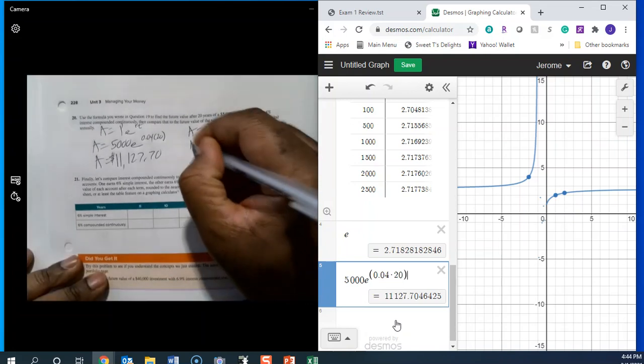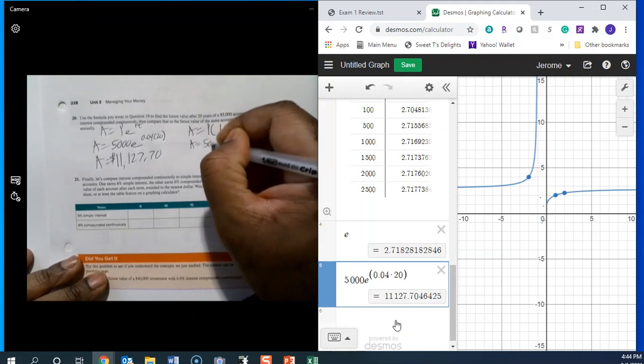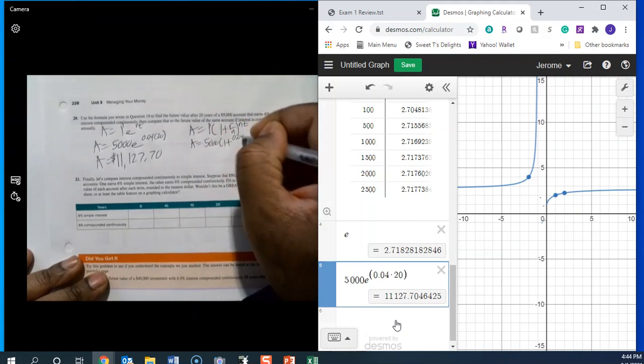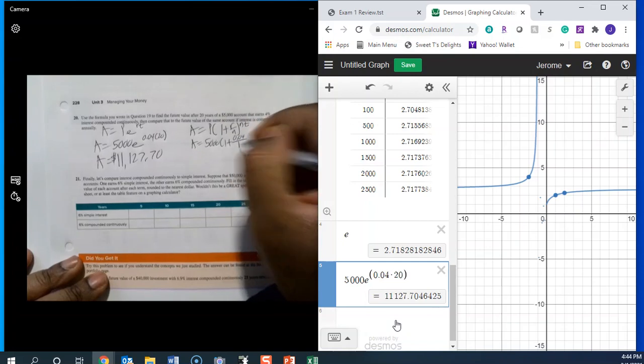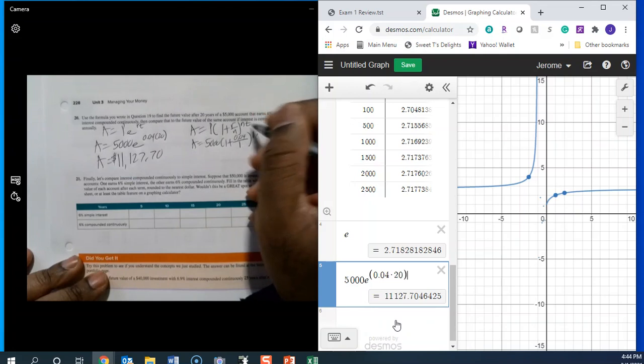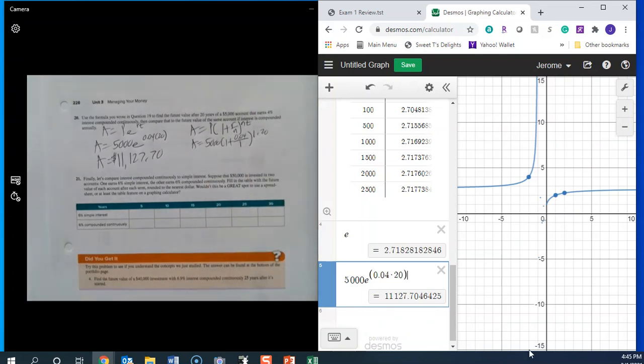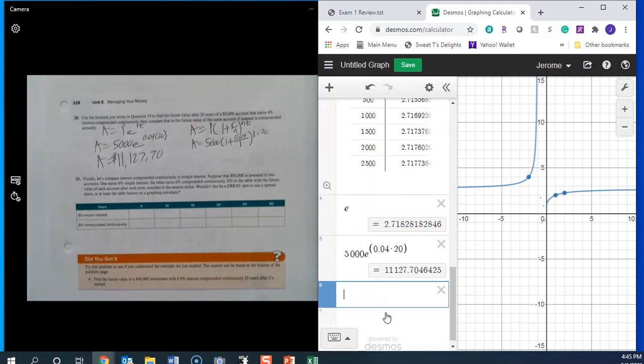So we have A is equal to, the principal is 5,000 times 1 plus the rate, 0.04. It only compounds one time a year because it says annually, and then times 20 years. So we know this is just taken to the 20th power. So we could put that in.